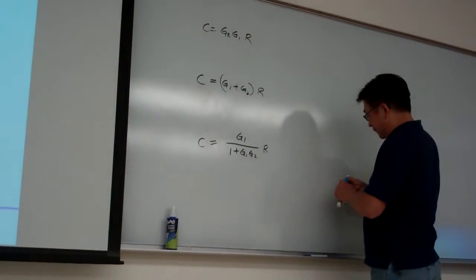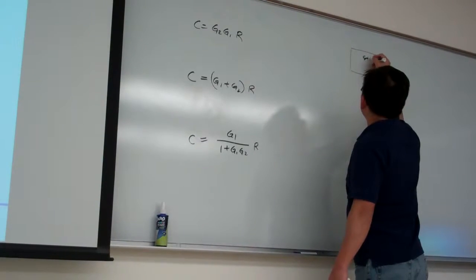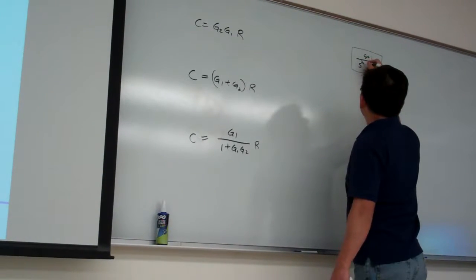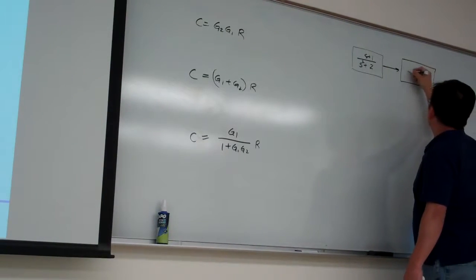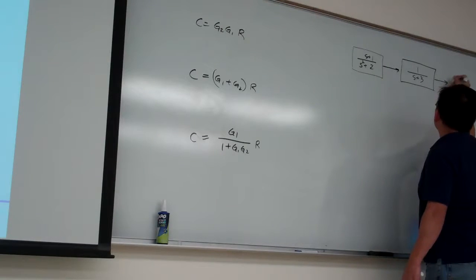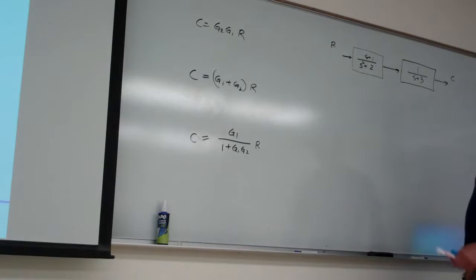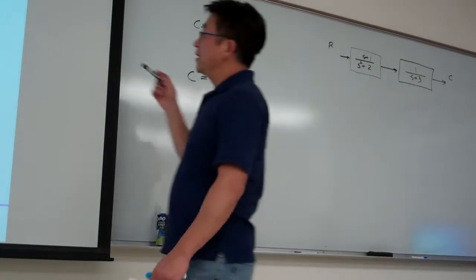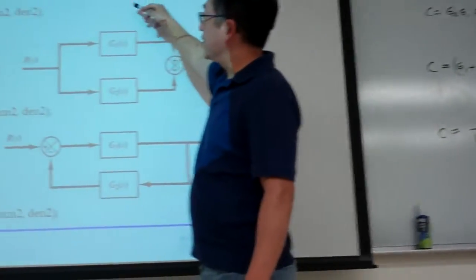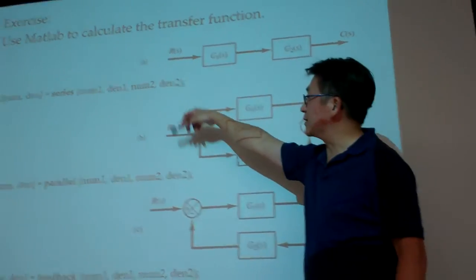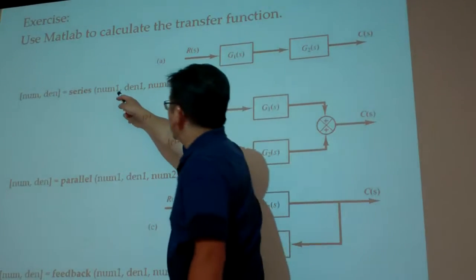For the series combination, we have, say, s plus 1 over s squared plus 2, and here is 1 over s plus 3, and here is C, here is R. So here I make one example of the series combination, but this example will suit all the other cases. I will show you how to write up the arguments.